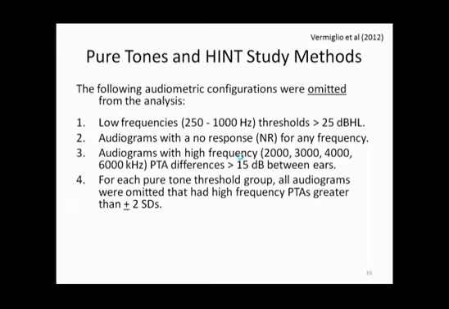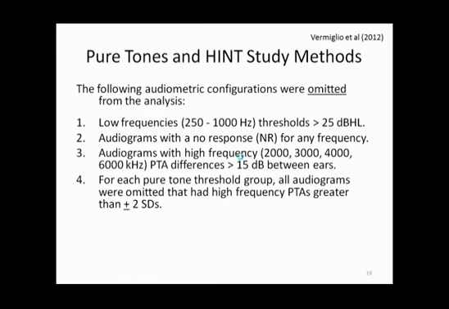We're going to throw them out. Anybody who had a no response for any frequency, we threw them out. Anybody who had an asymmetry between the pure tone average for the high frequencies, where the difference between pure tone averages was greater than 15 dB between ears, we threw them out.